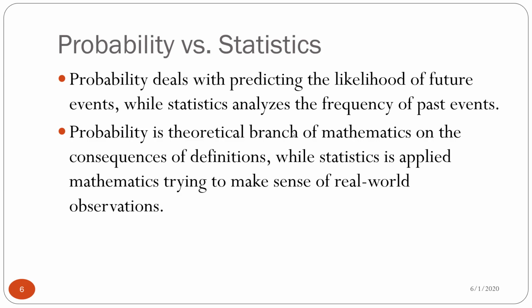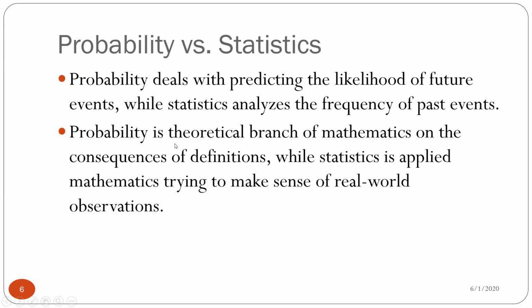Interestingly, in probability as well as statistics, we somehow deal with the relative frequencies of different events. But the focus is slightly different. In probability, our focus is on predicting some event of the future, whereas in statistics, we analyze the historical or previous data and try to reason with it.